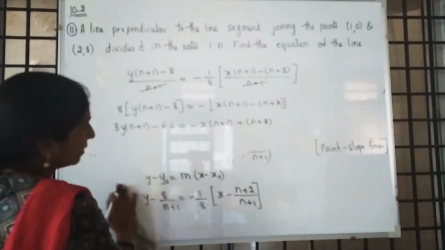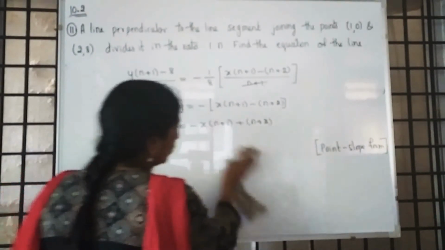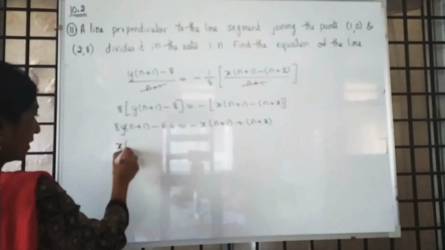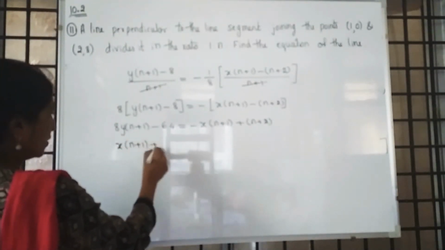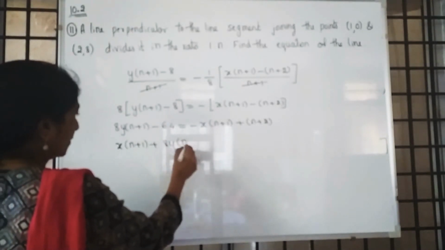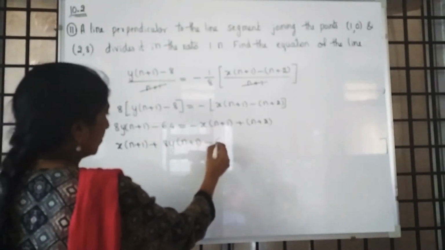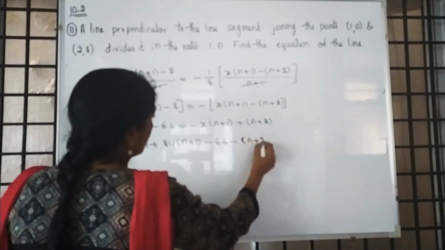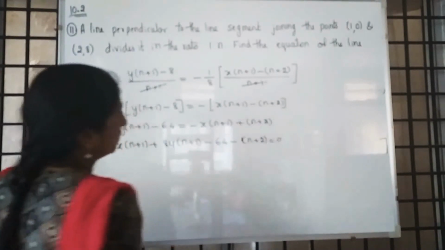Separate the terms and write down all the terms on the left side. Minus becomes plus: x into (n plus 1) plus 8y into (n plus 1) minus 64 minus (n plus 2) is equal to 0. Understood?